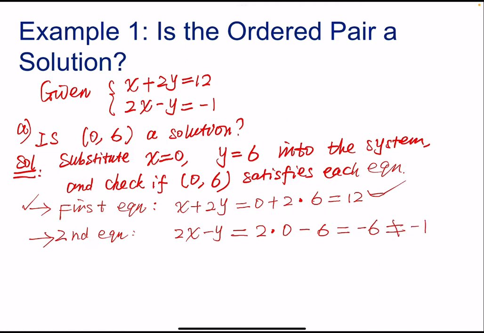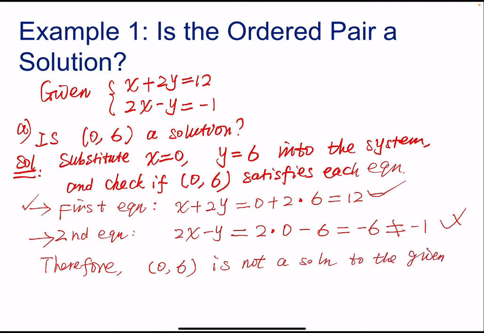So the second equation is not satisfied. Therefore, we conclude that (0, 6) is not a solution to the given system. So fairly simple.